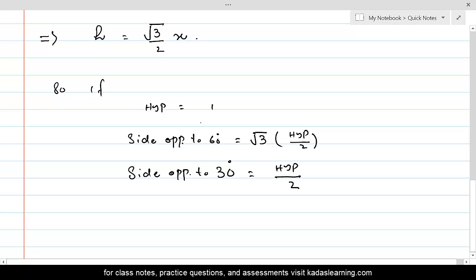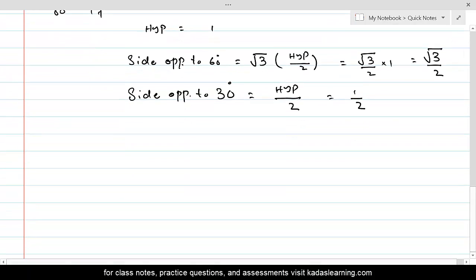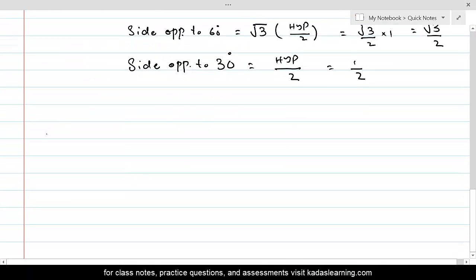So this would be under root 3 by 2 times 1, which is equal to under root 3 by 2, and if the hypotenuse is equal to 1, this would be 1 by 2.